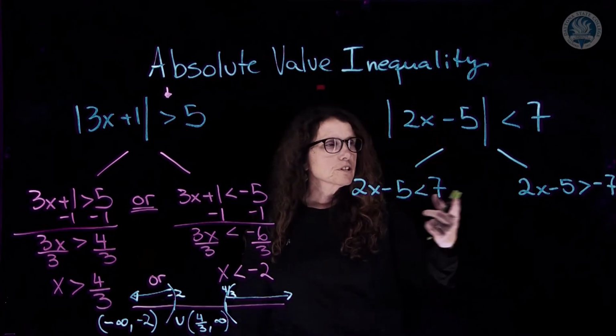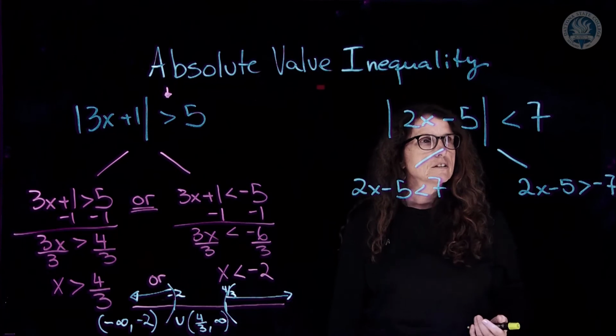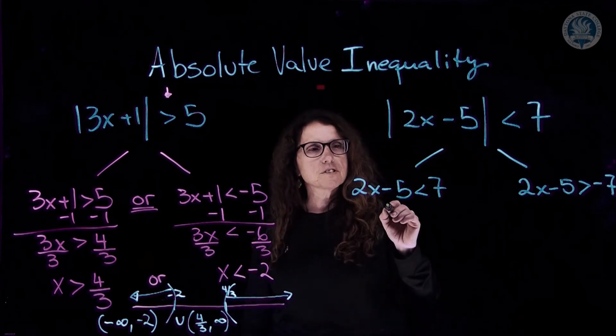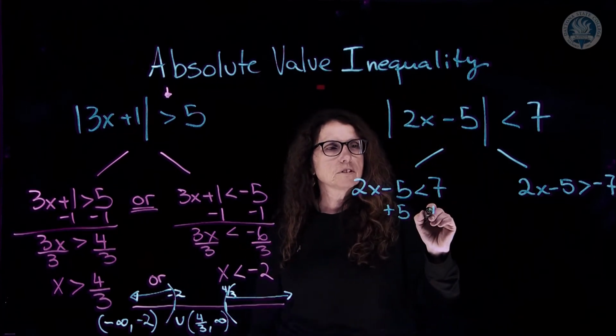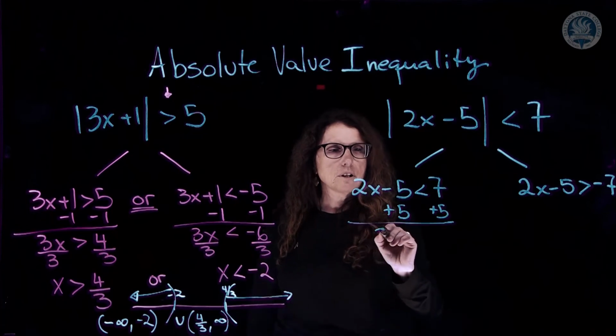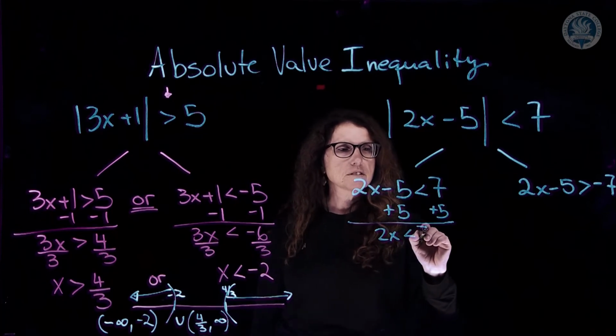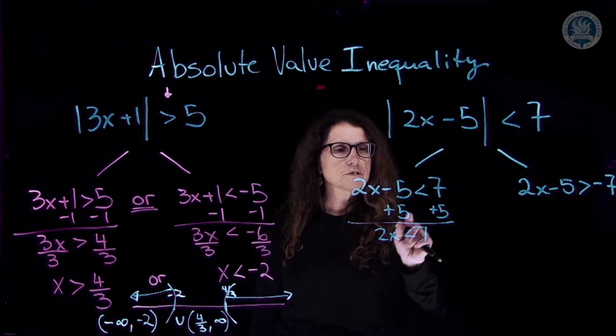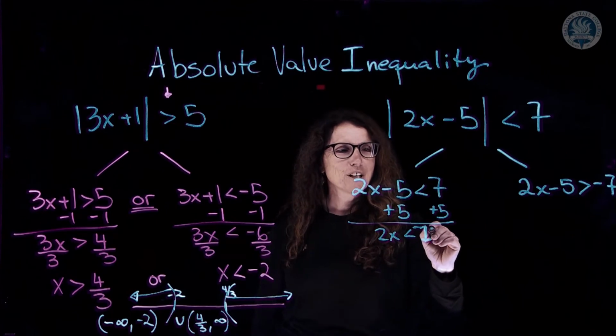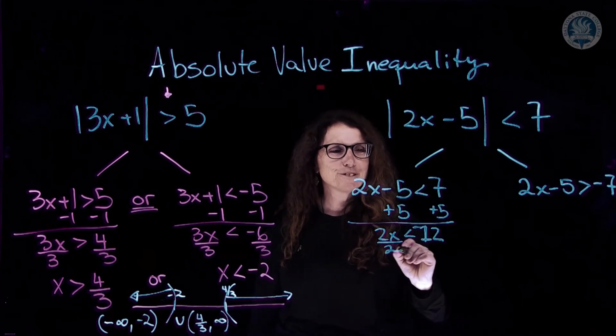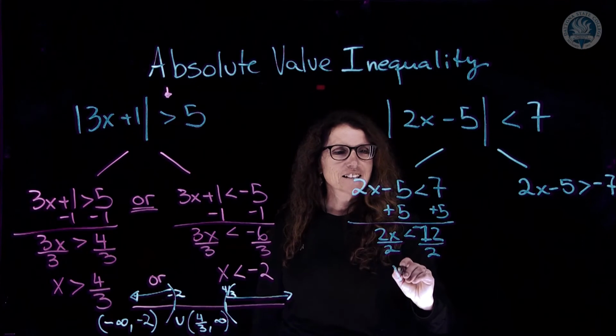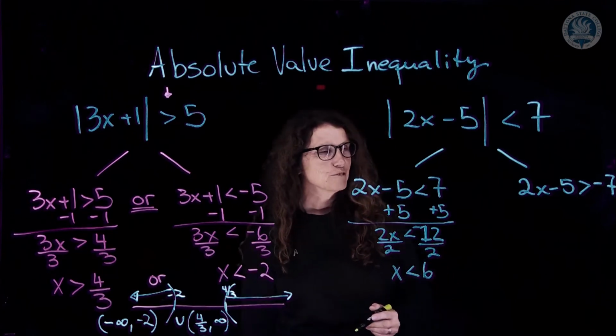So we're changing the inequality and we're making the number negative. If we solve it, we add 5. 2x less than 12, divide by 2, x is less than 6.